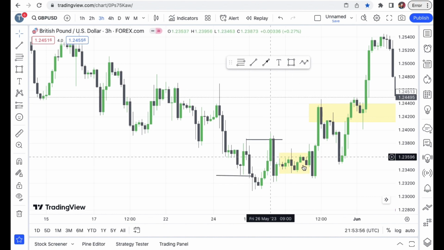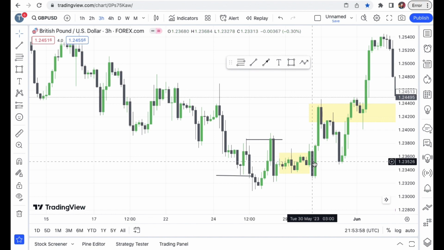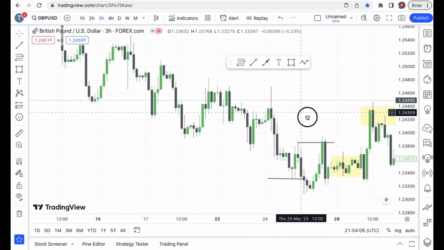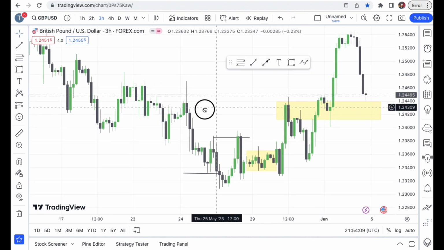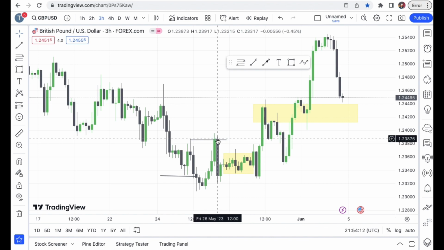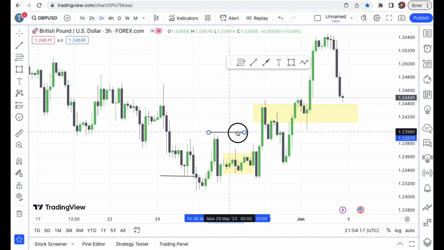So I was already looking for a very clean setup to take off this particular zone once price returned to this area. Even though price had been very bearish previously, while we had the consolidation and the expansion, I now had another break of market structure that was clean enough for me to want to take buys out of this zone.